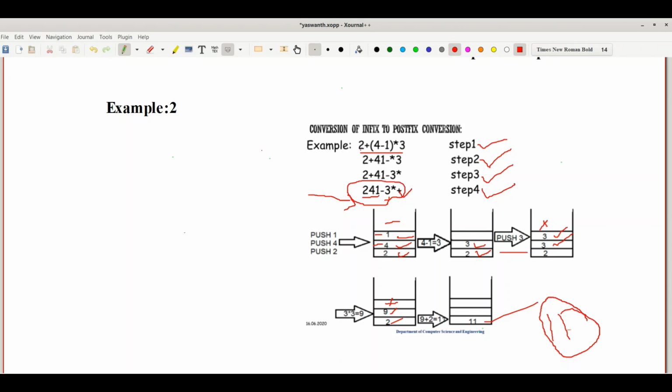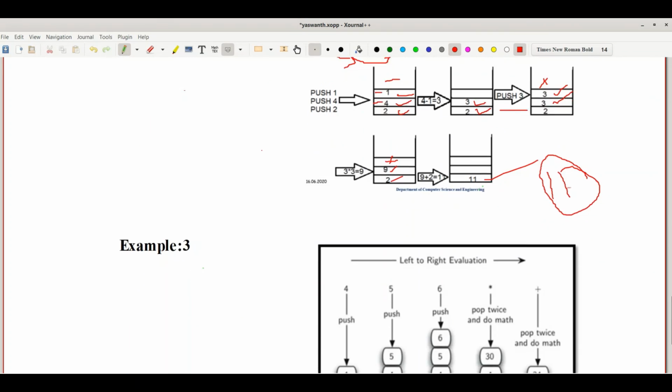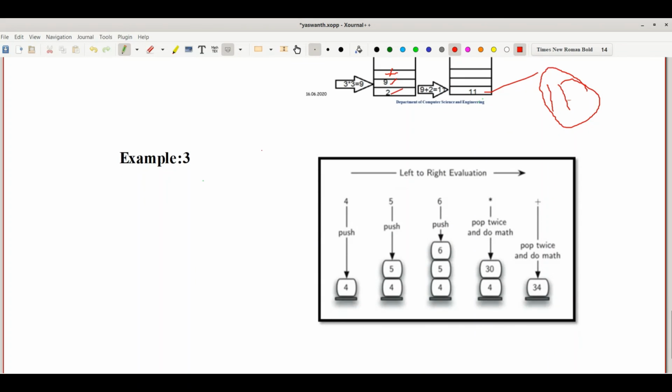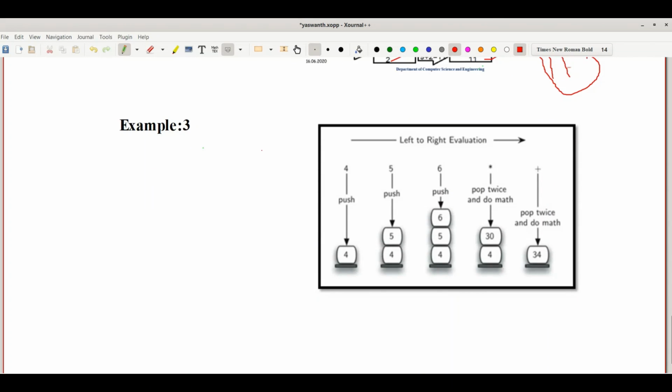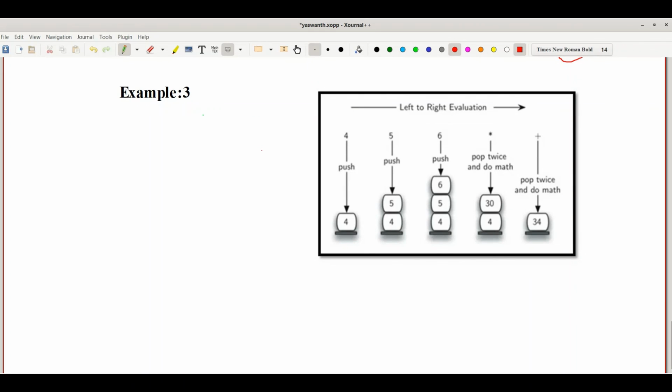This is the way to do problems like these. If you have any doubts, I will take another problem also. See here, the same thing is there. First I am pushing my 4 value, and then again I am pushing 5.